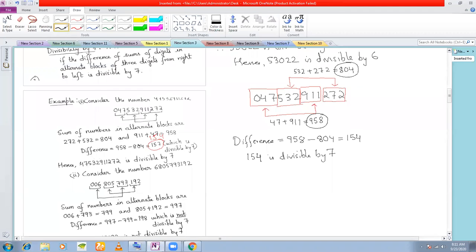So 154 is divisible by 7. Therefore, the entire number 47532911272 is divisible by 7.